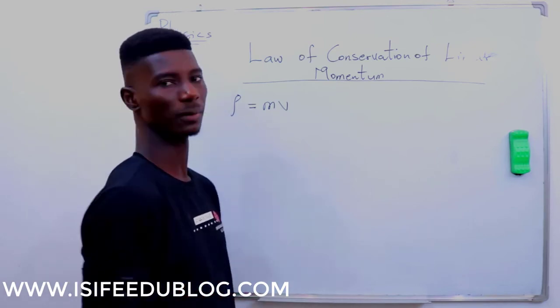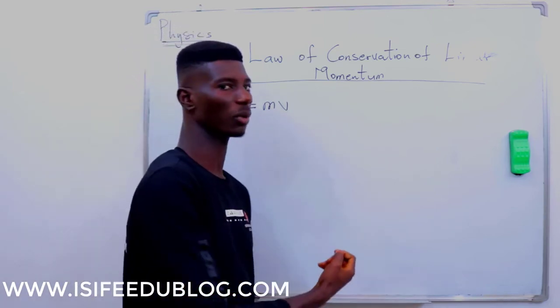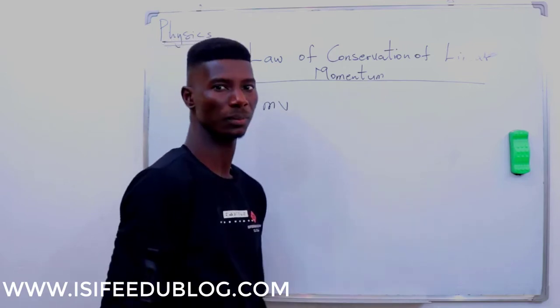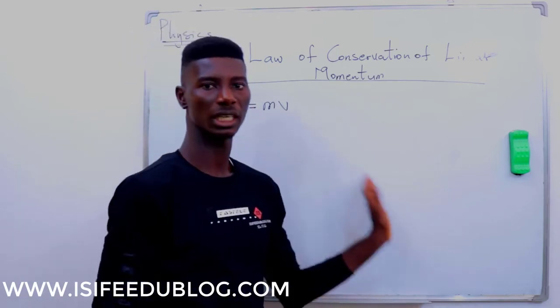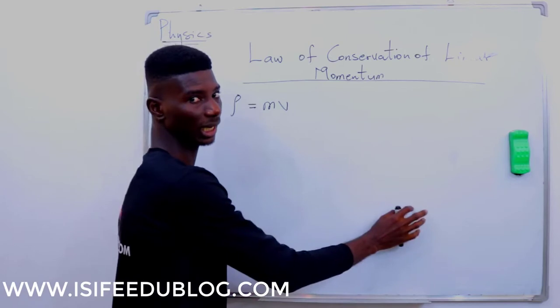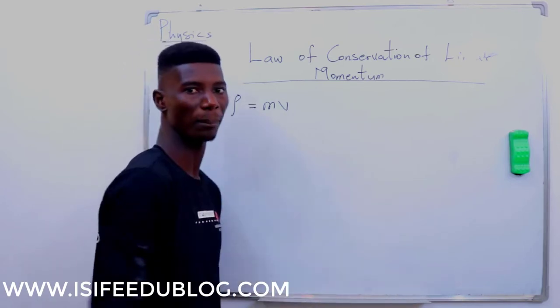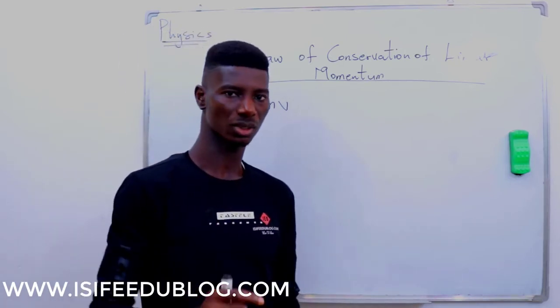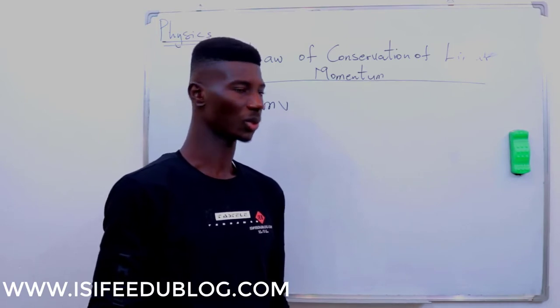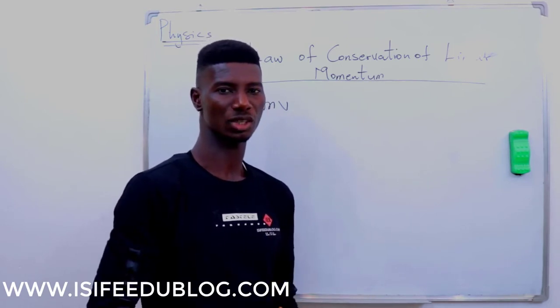Please be very careful. We have two types of momentum: angular momentum and linear momentum. Linear momentum deals with linear motion, a motion in a straight line. So it's not being acted upon by an acceleration due to what? Gravity.